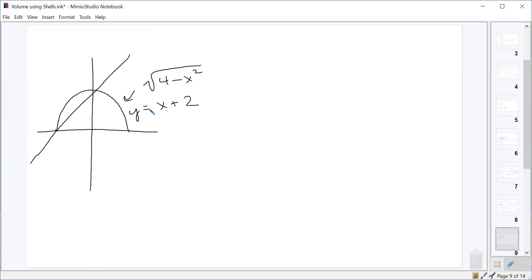We're going to revolve it, and I want you to do two things. I want you to revolve that region around y equals 3, and I want you to revolve it around y equals -1.